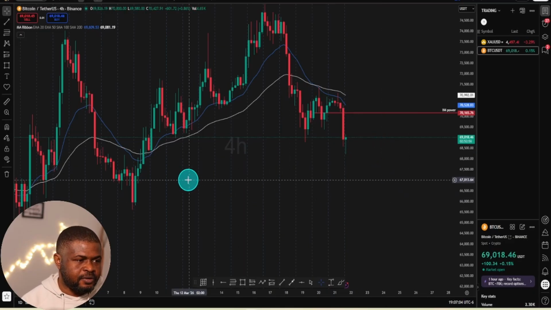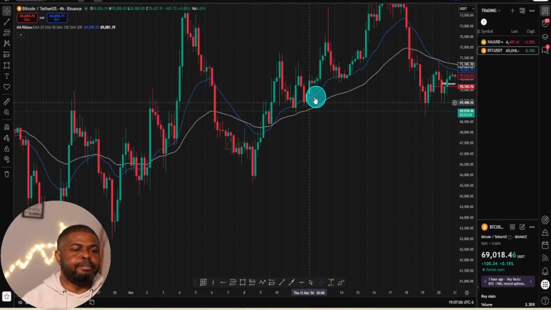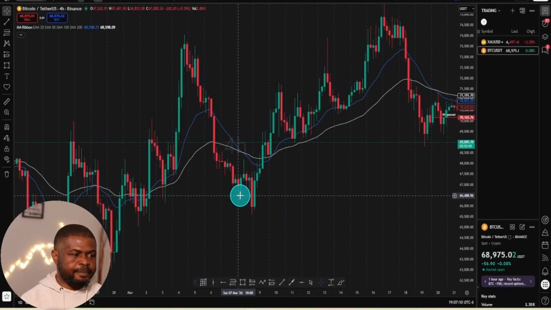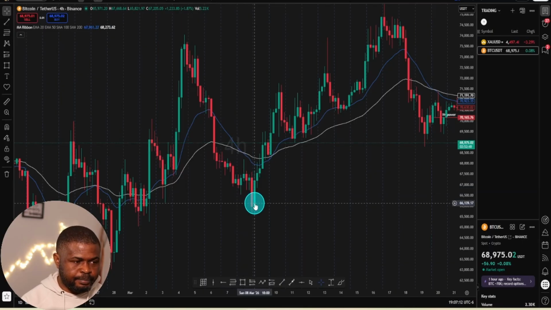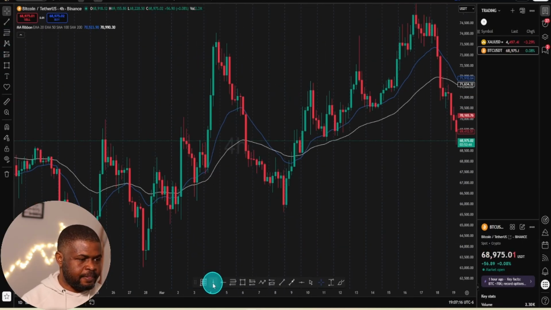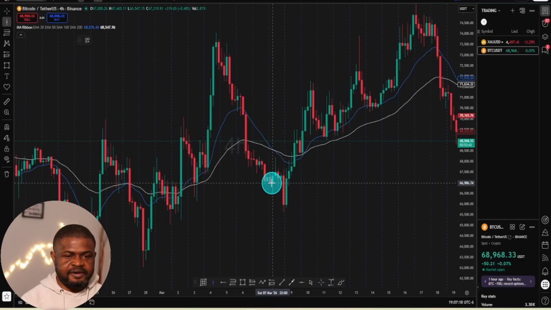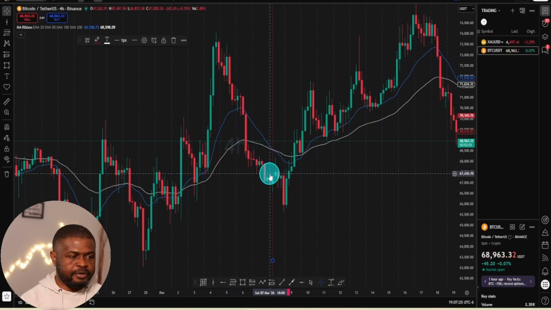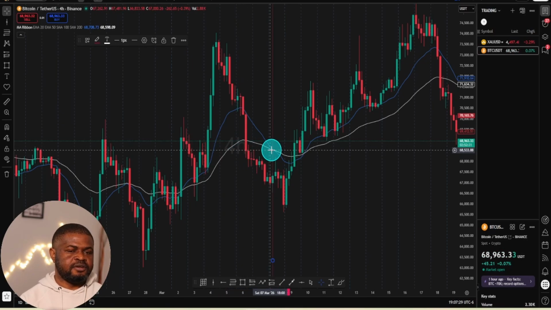Why? Because I can still buy even when the price, let's say for instance, were to be in this position, right before now. I'm just trying to let you understand something. In this case, the price was below the EMA, but there was no crossover here, right?